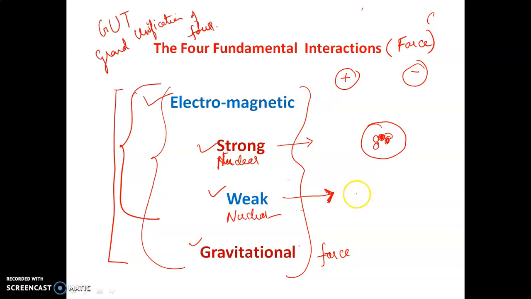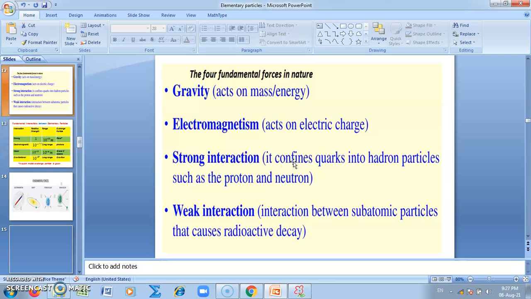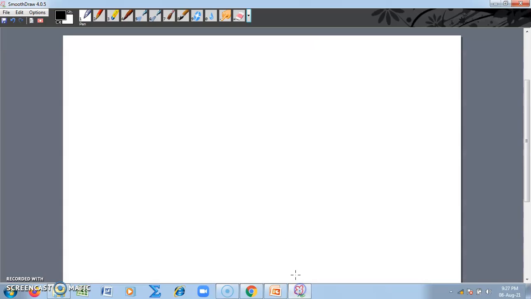Now first of all, I would like to talk about the exchange particle. Now what is this exchange particle? To understand it, I would like to talk about the electromagnetic interaction.